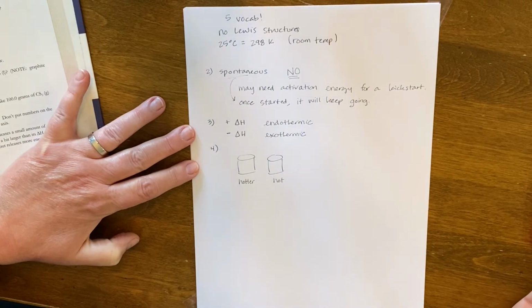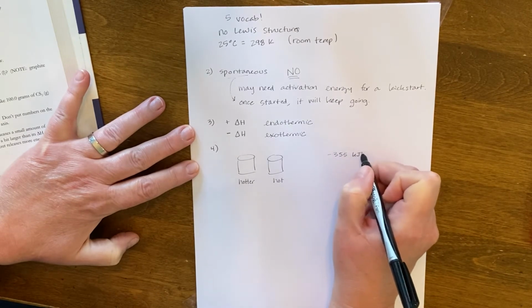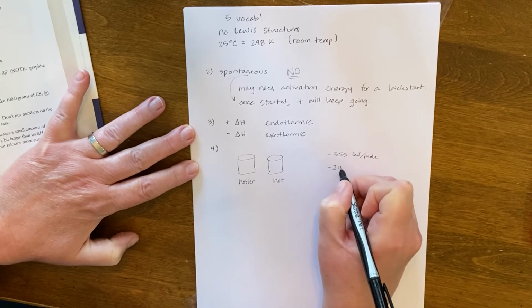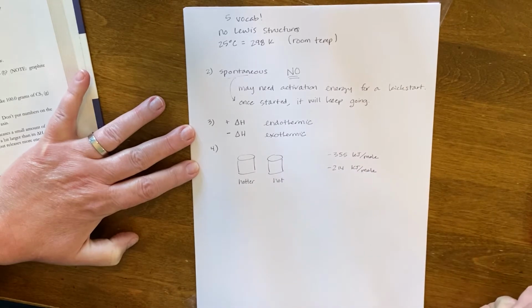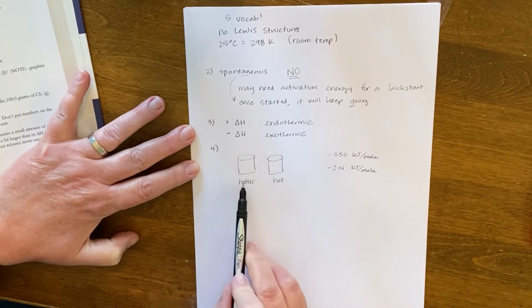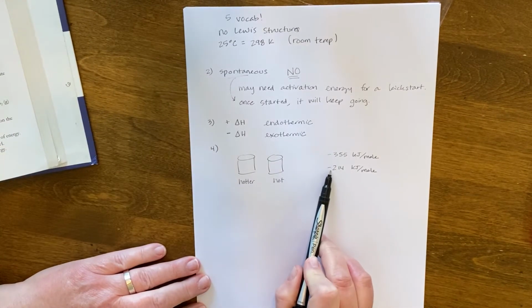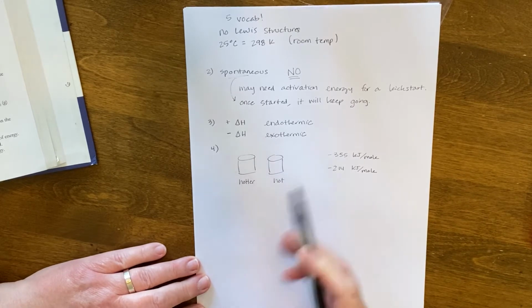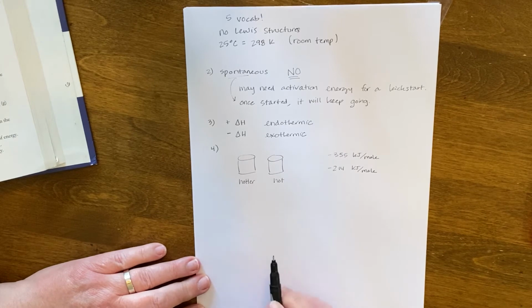If the delta H's are negative 355 kilojoules per mole and negative 214 kilojoules per mole, which belongs to the first reaction? So which belongs to this first beaker? These are both negative, so they're both exothermic. And that makes sense because if it's exothermic, they're gonna get hot, but we were told that one gets hotter than the other.